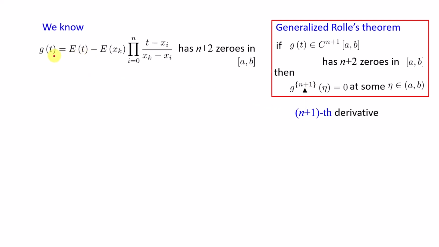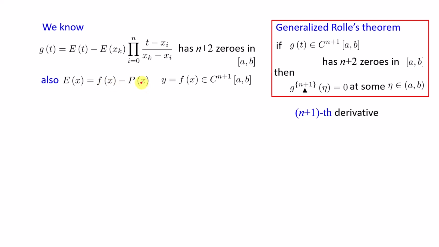We have already learned that the function g(t) has n plus 2 zeros in ab. We also know that e(x) is f(x) minus p(x), and f(x) can be differentiated n plus 1 times in ab. p(x) is a polynomial of nth degree, so we can differentiate it as many times as we wish. That is the good thing about polynomials.